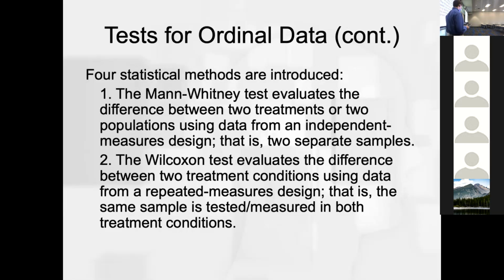So those 4 statistical tests include the Mann-Whitney test that evaluates between 2 treatments or 2 populations using data from an independent measures design, which is to say 2 separate samples.